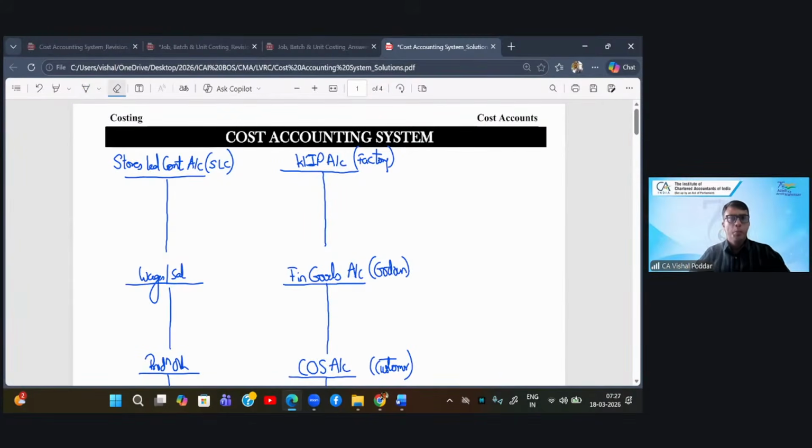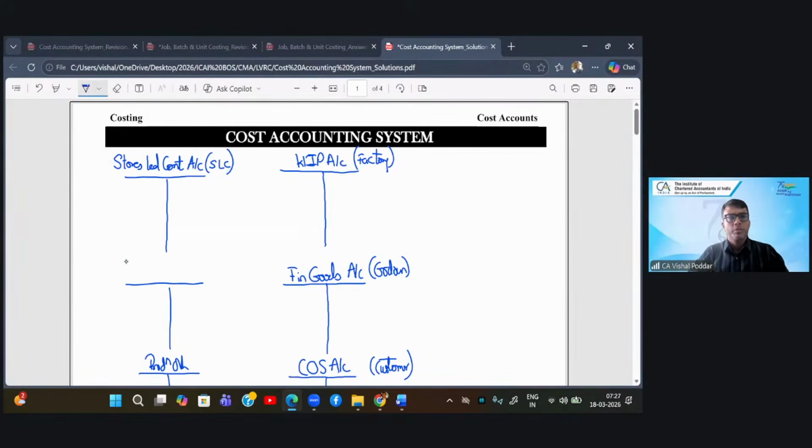Then the second is what we call as wages or salaries, which is called as labor cost control account. So in our words, it is wages, salary. In the words of cost accounting, it is labor cost control, for short LCC.